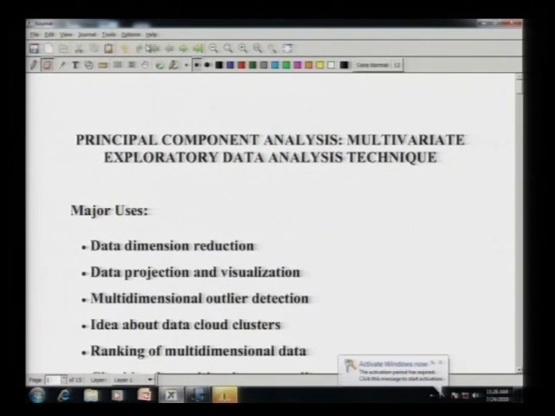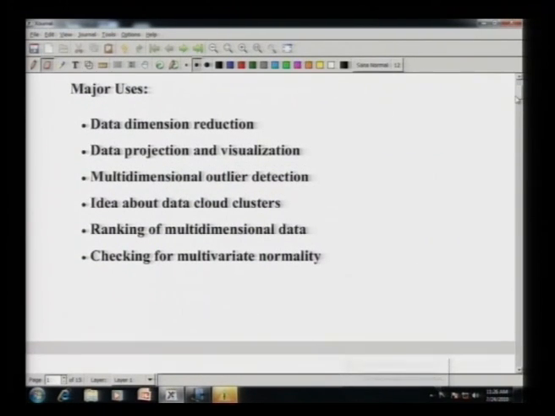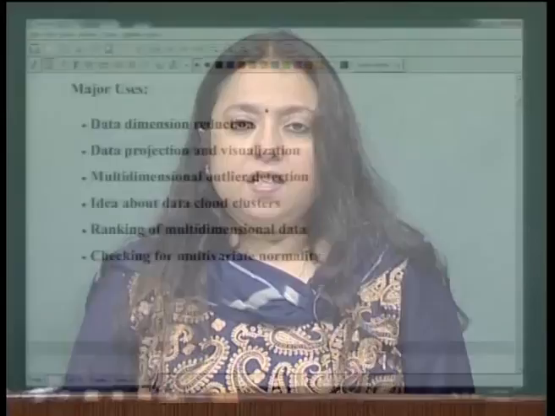If you recall, we had told initially that the major uses of principal component analysis are its data dimension reduction. We start with a p-dimensional random vector, but ultimately we come to k-dimensional principal components, k ideally 2 or at the most 3. And what does this reduction in data dimension do? Well, it helps us to project the multivariate data and visualize the various characteristics of the data.